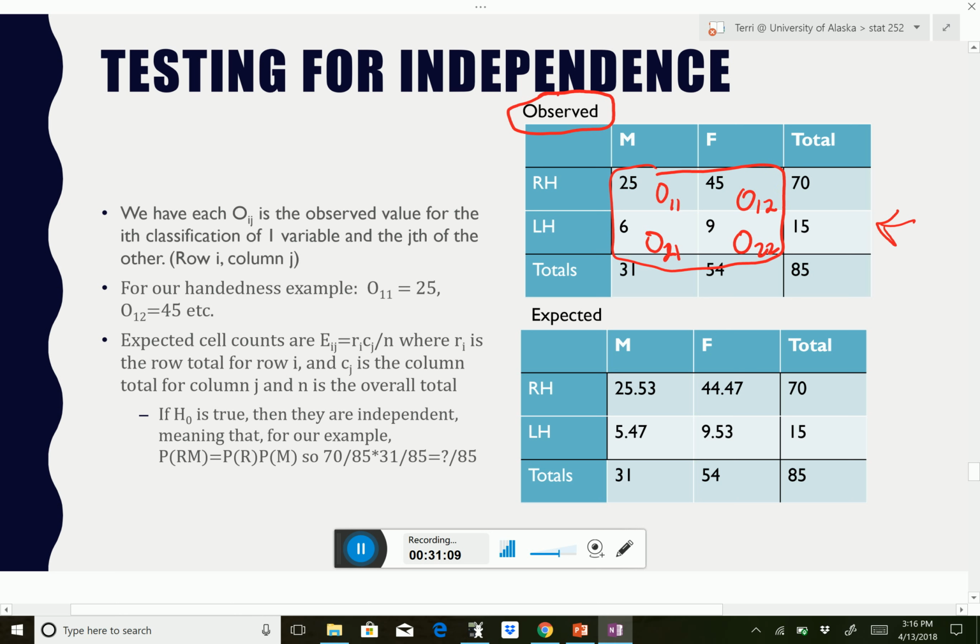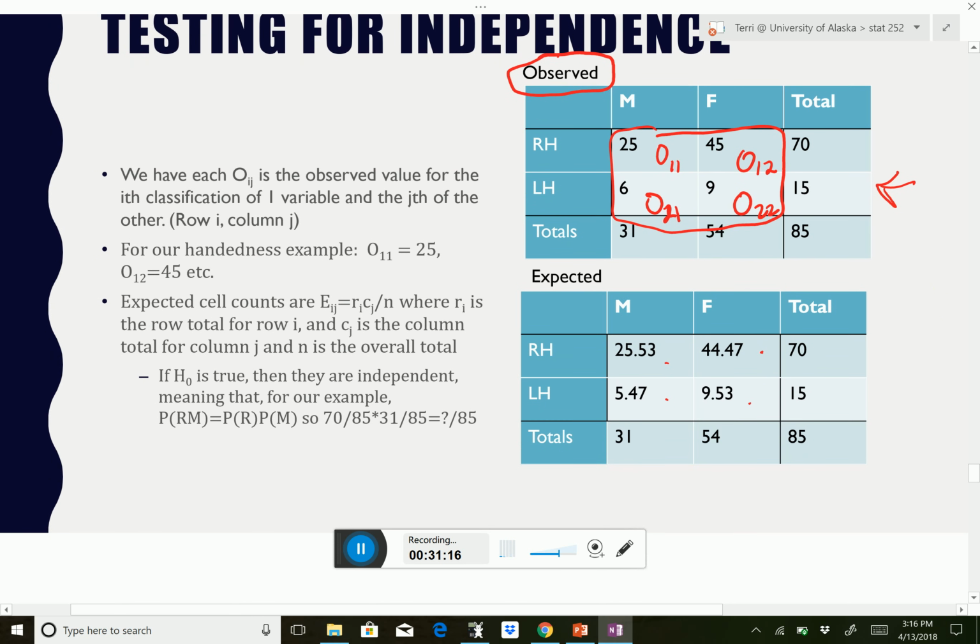And then the expected. Okay, now how do we figure out what we expect this to be under independence? Well, we look at these totals on the outside and we say, well, if the null is true and these are independent, then what should these numbers inside here be? So this would be 70 out of 85. So here's what I've done here. 70 over 85 times 31 out of 85 would have to be equal to a certain count over 85, right?